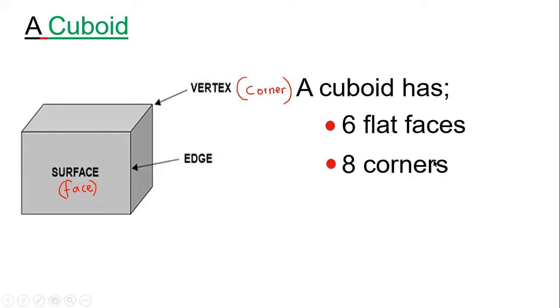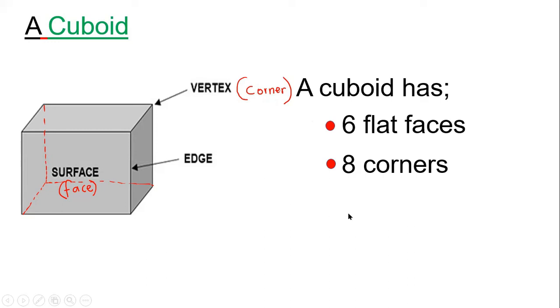Okay, now a cuboid has got 8 corners. So this is 1 corner, 2, 3, 4, 5, 6. Then behind, let's try to show the behind part. So we also have this one and this one to make 8 corners.